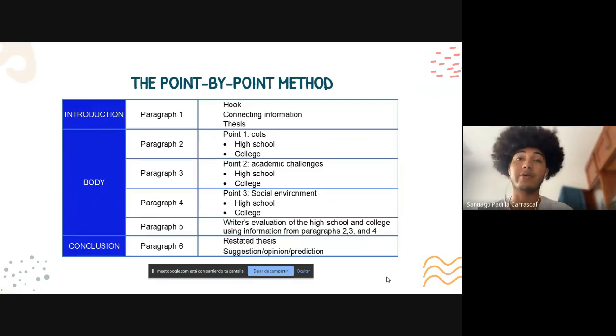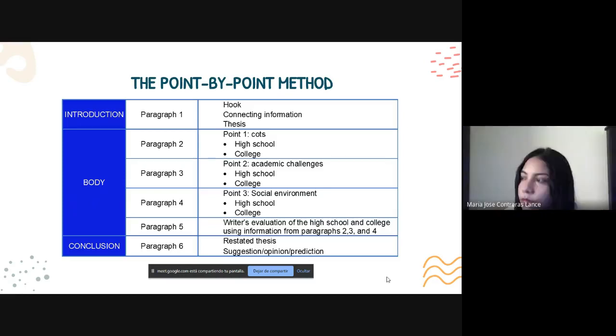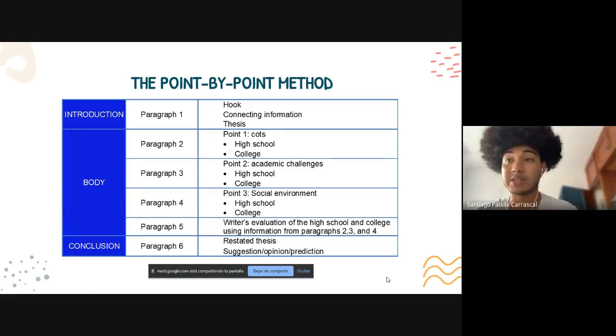And here we have another common structure that can also be used by writers, and it is really similar to the previous one, but here we have six paragraphs where the first one is the hook, the second one is where you are going to talk about the cost, the third one is when you are going to talk about academic challenges, the fourth one is where you are going to talk about social environment, and the fifth one, which is different, is where you are going to talk about which one you think is better, or give an opinion about it.